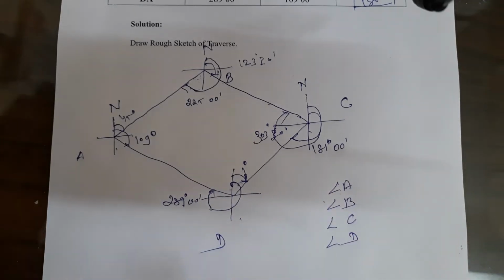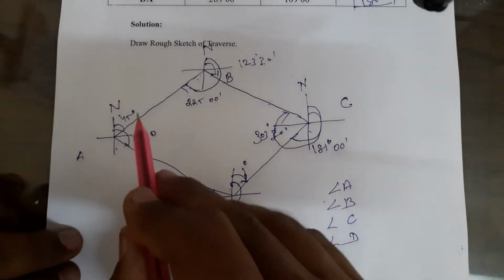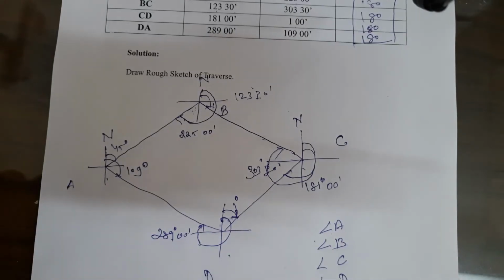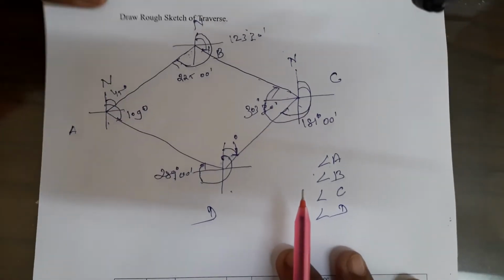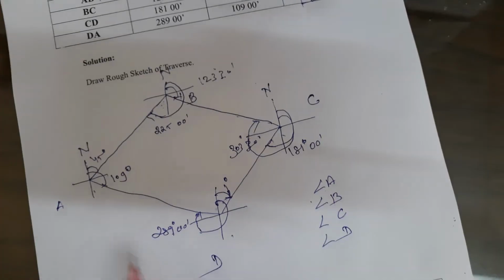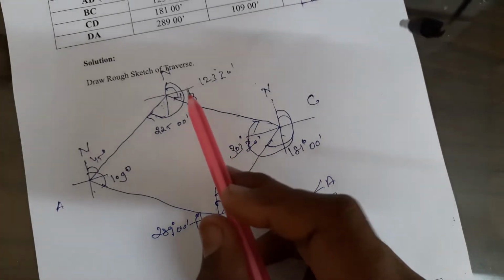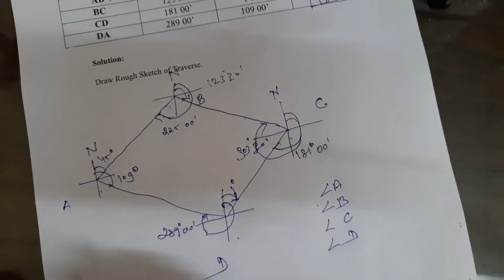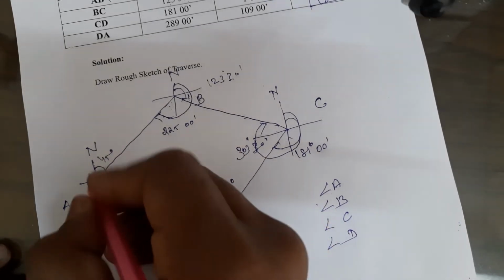Okay, using forebearing and back bearing you can draw it. Now what do we do to find just angle A using this traverse and bearing? Above bearing, we have station A here, station B, station C and station D. So we need to calculate this angle only.